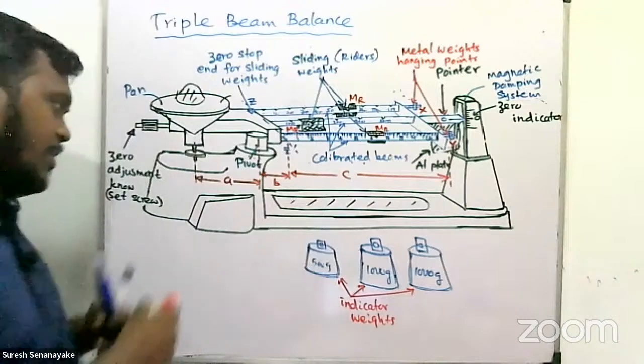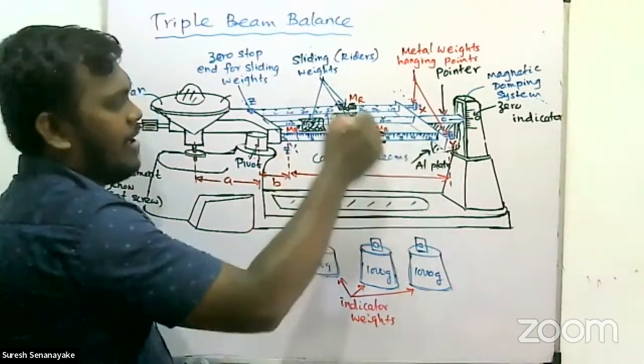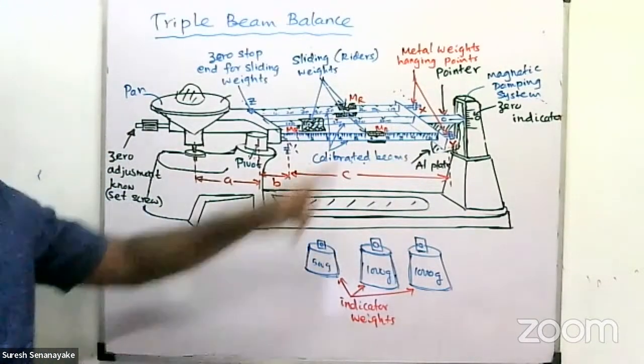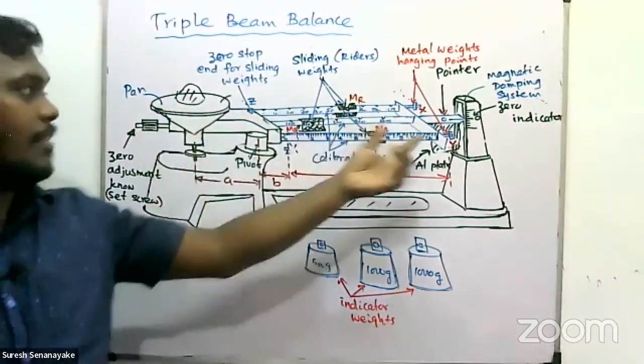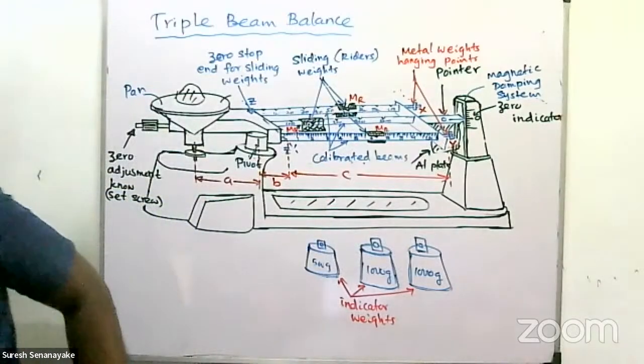But you don't need to take this length, because the indicators show the mass. Based on the positions of these masses, where the beam balances, you can read the value directly using this instrument.